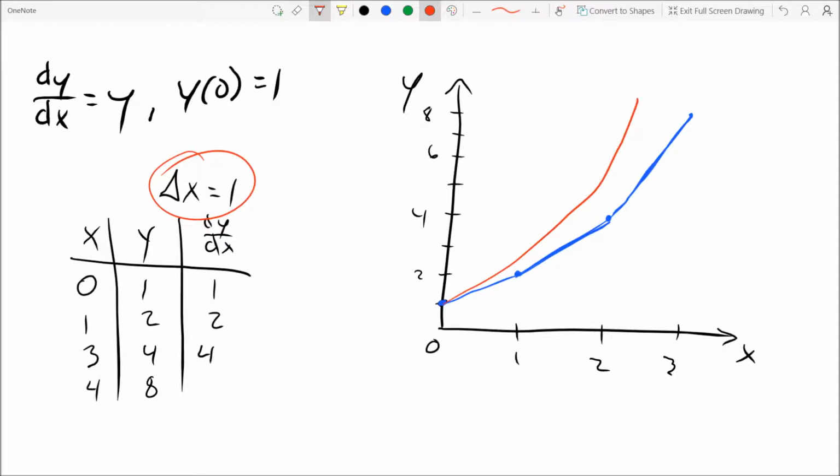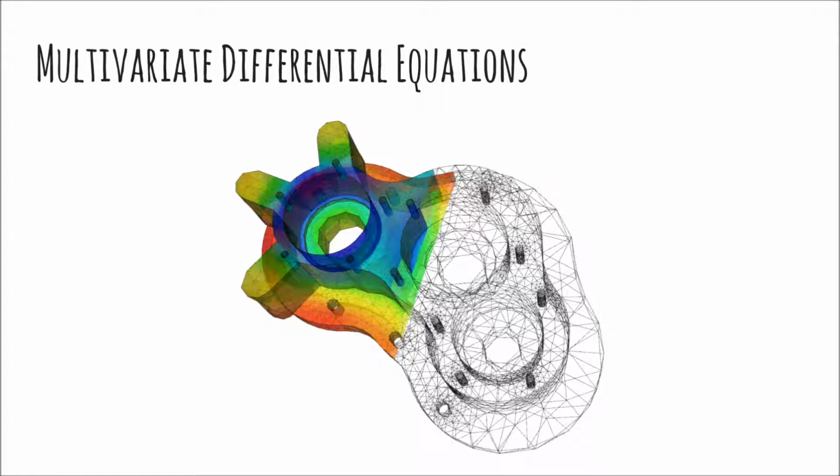All right, now a little bit about multivariate differential equations, and that just means that there are going to be multiple different variables that are varying across time or space.